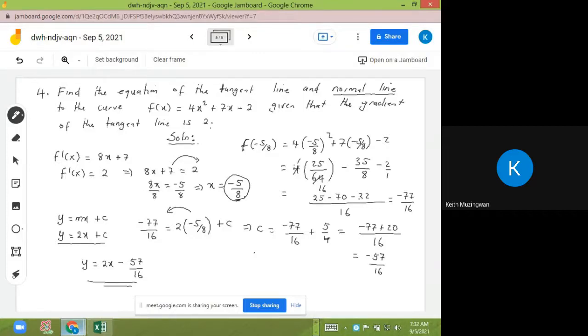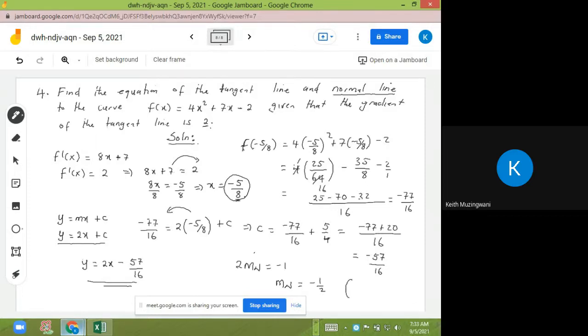Now to find the normal, since the tangent gradient is given, the first thing we do is to multiply that 2 by the gradient of the normal so that we get negative 1. This means that the gradient of the normal is going to be negative half. Okay? We already have a point.